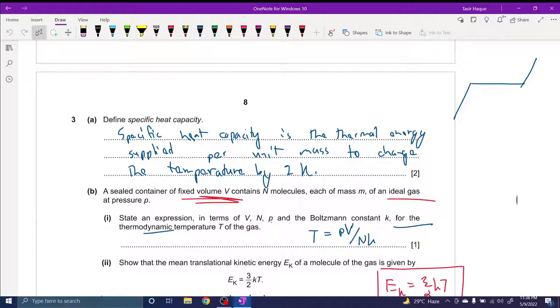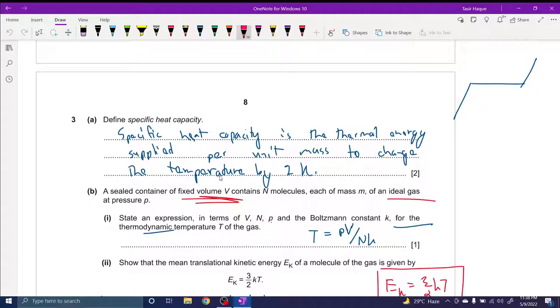Then you need to mention per unit change in temperature. So I think it's better to define it like this: specific heat capacity is the thermal energy supplied per unit mass to change the temperature by 1 Kelvin, per unit change of temperature.